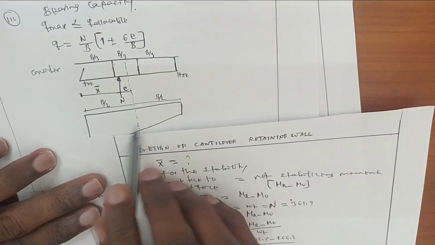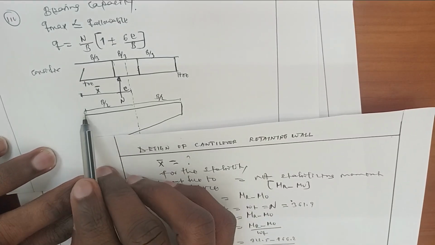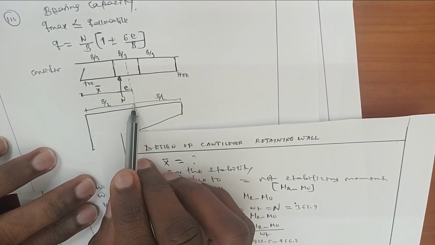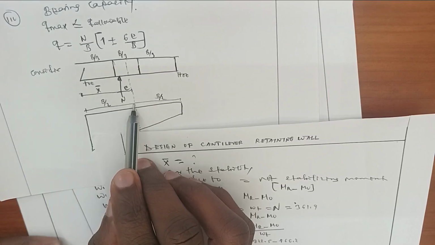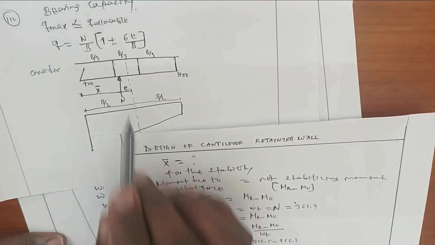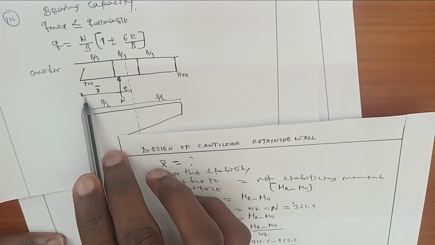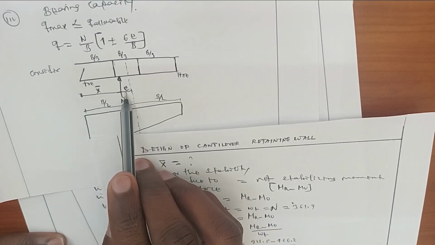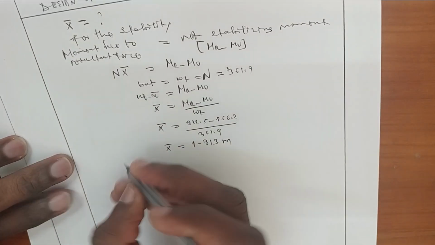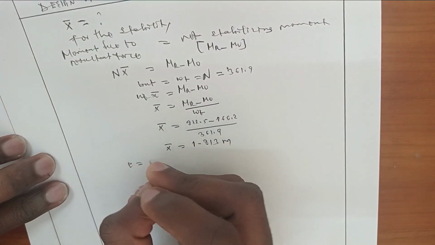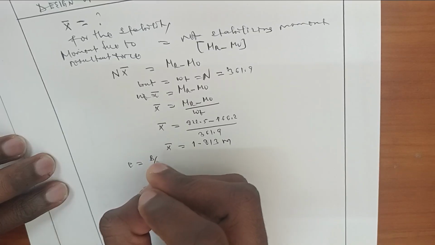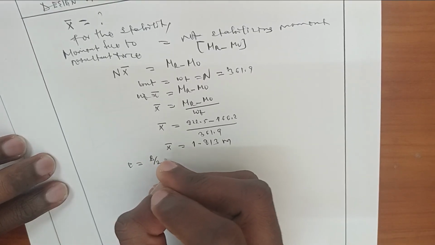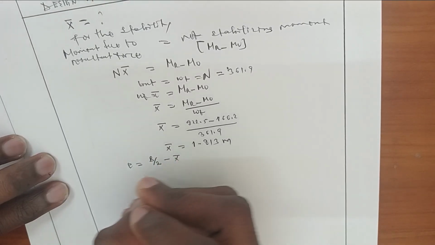Eccentricity is obtained by taking the distance from this point up to this point, which is half of the width of the base, minus the location of the resultant force.